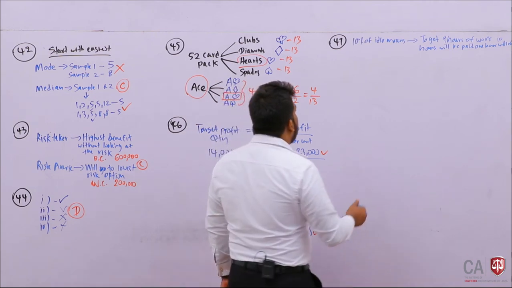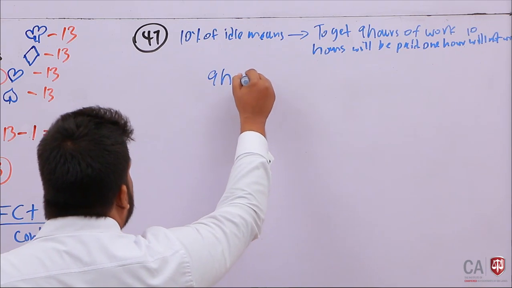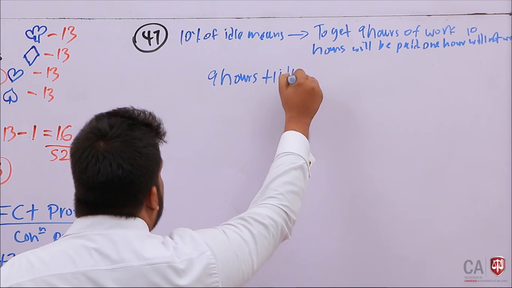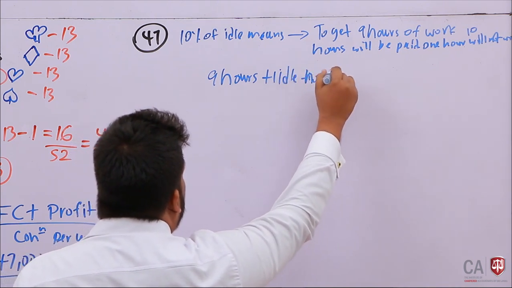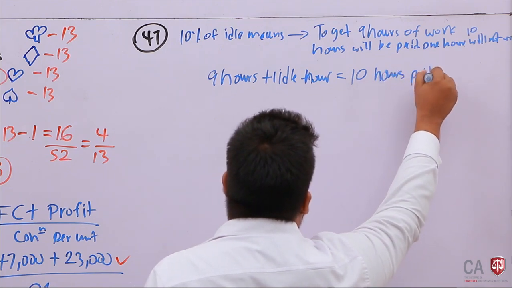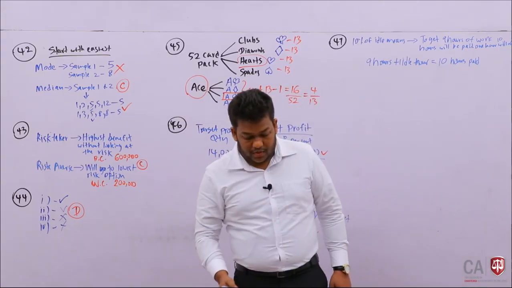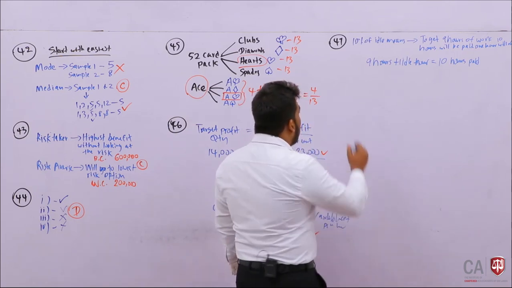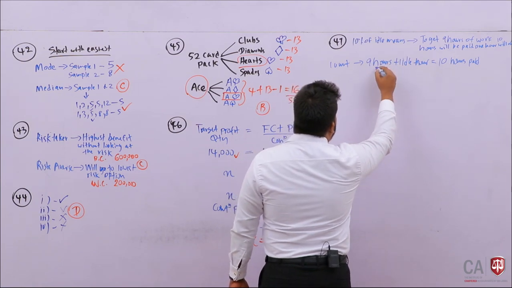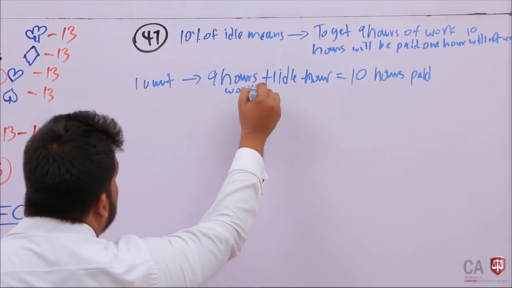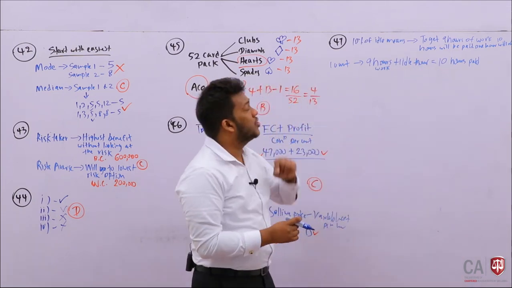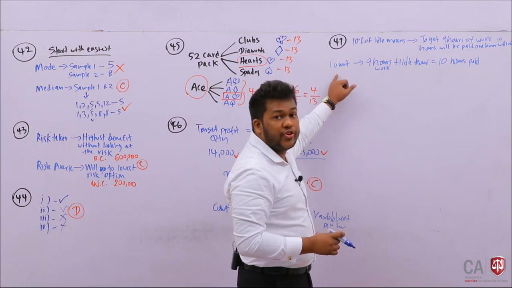So 9 hours plus 1 idle hour, you will be paid for 10 hours. So per 1 unit, 10 hours should be paid to have 1 unit of production.